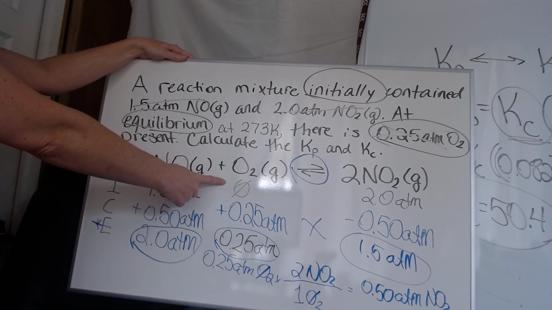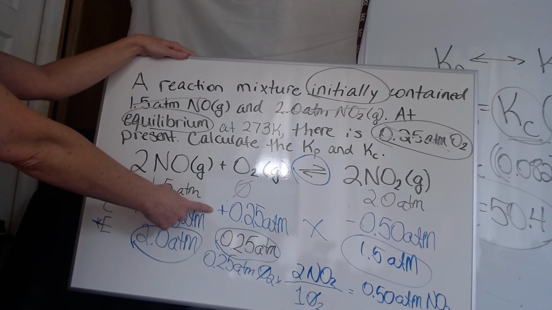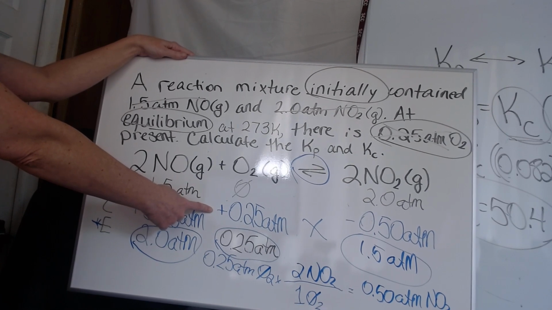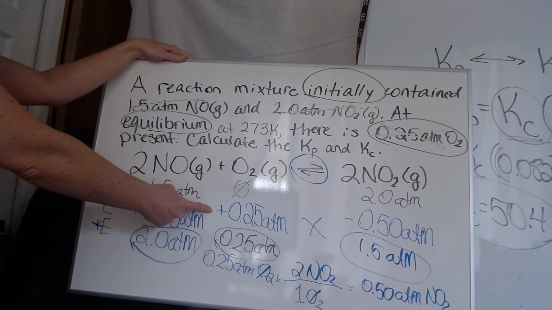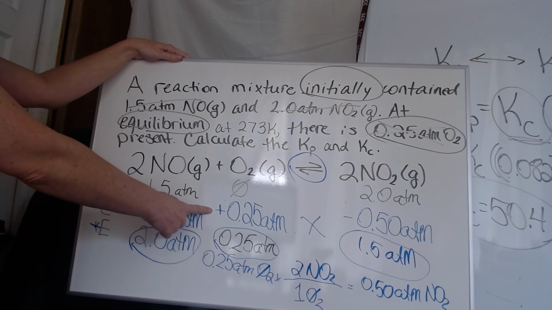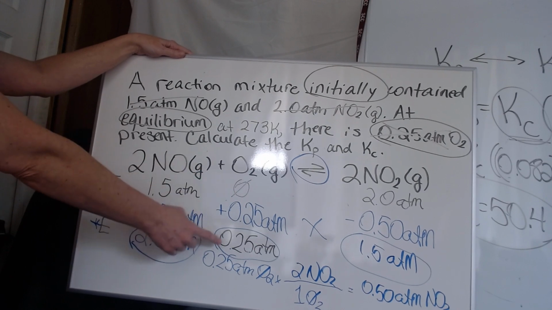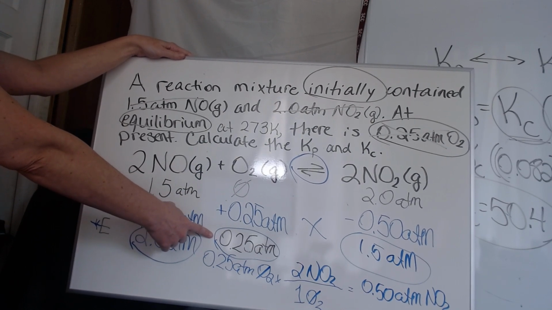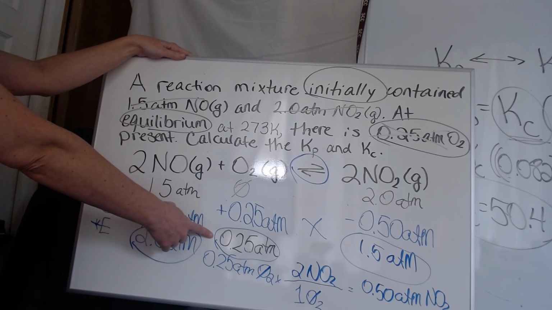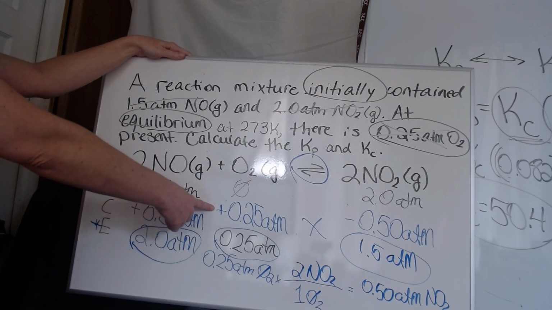Wherever you have a 0, the change will always be positive because this is how much reacts or is created. And you cannot react a chemical if you don't have it. And so this has to be positive. It has to be plus because it's being created. But you're told that there's 0.25 created at equilibrium. That means that to go from 0 to 0.25, you had to add 0.25.